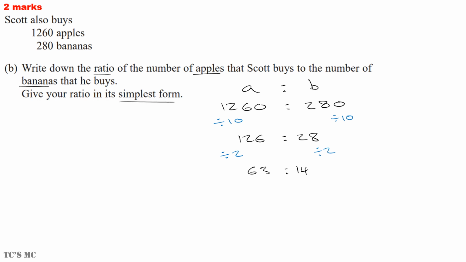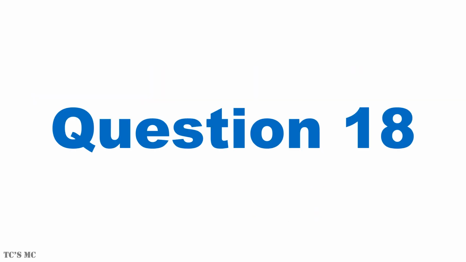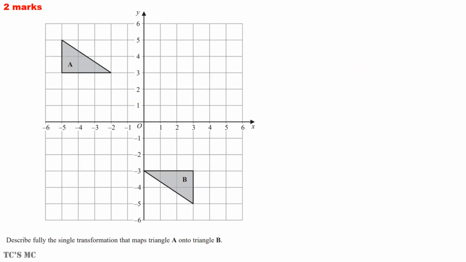This would also get us just 1 mark. Both of these numbers can be divided by 7. Now we get 9 to 2. Because we cannot simplify any further, this is our second mark.